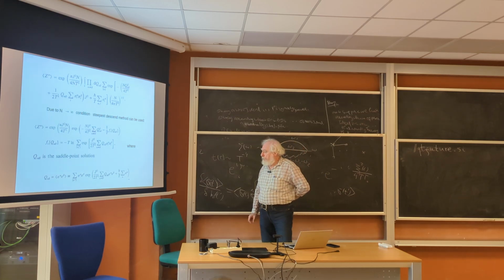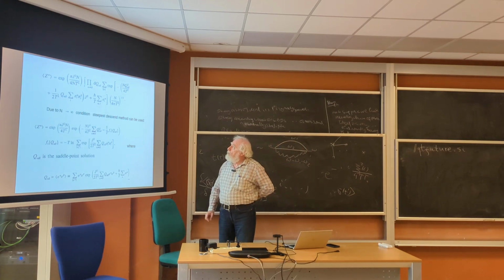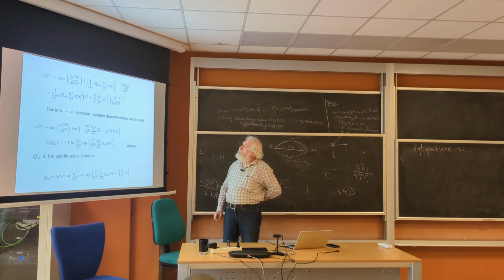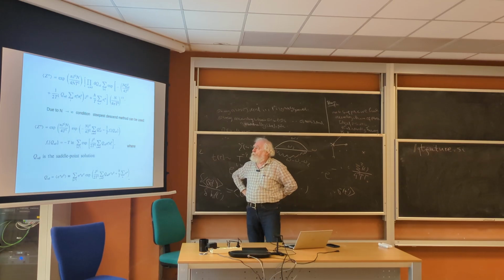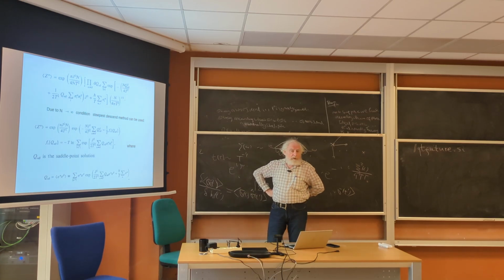But here it is decoupling using this integration over q alpha beta, alpha not equal to beta, with this term n q alpha beta squared. So by doing this Gaussian integration, you exactly reproduce the previous expression.